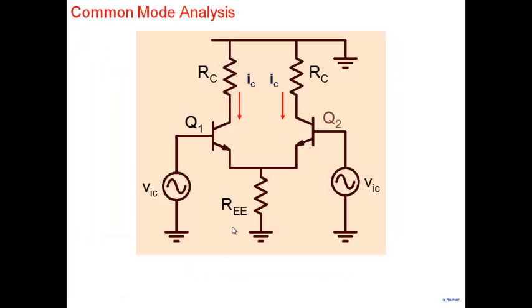All right. So common mode part, then we have only VIC from this side and VIC from this side also. So again, what we'll do is we'll use symmetry in order to simplify it. Transistors are identical, same resistance on both sides, same voltage also on both sides. Okay, and RE is what is common. So what we do is the following. We know that we are talking about small signal.